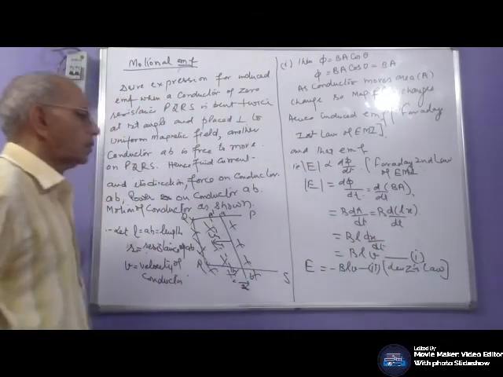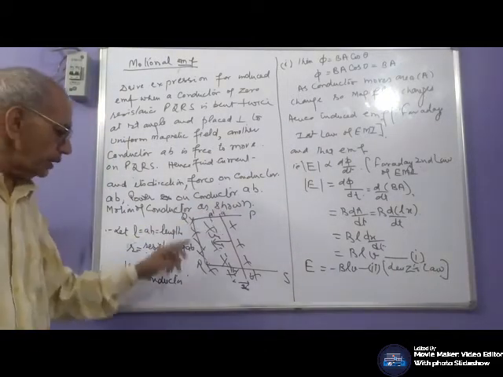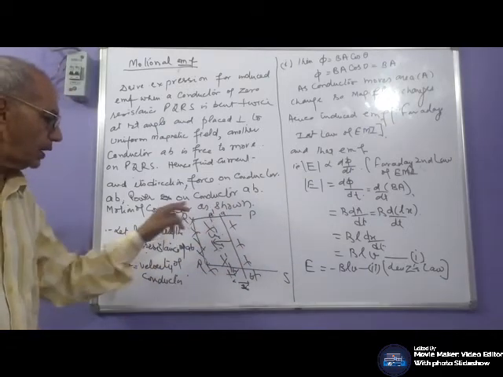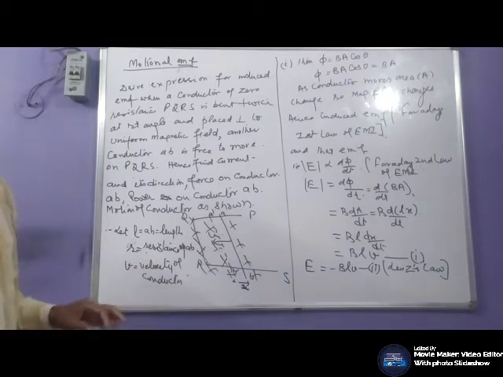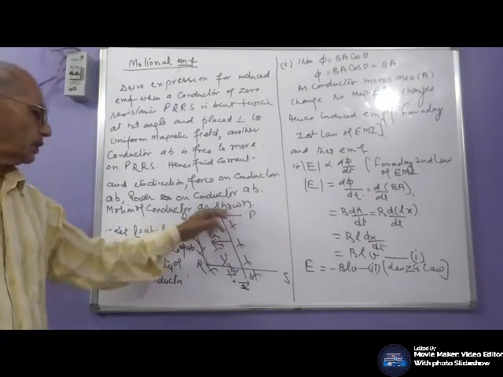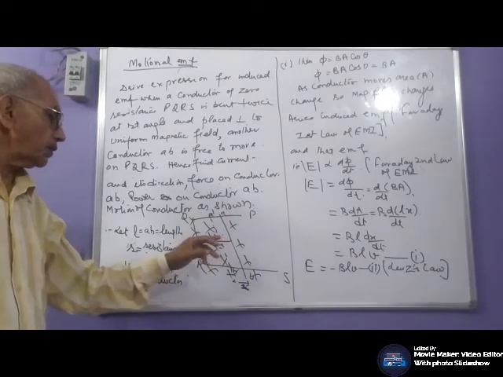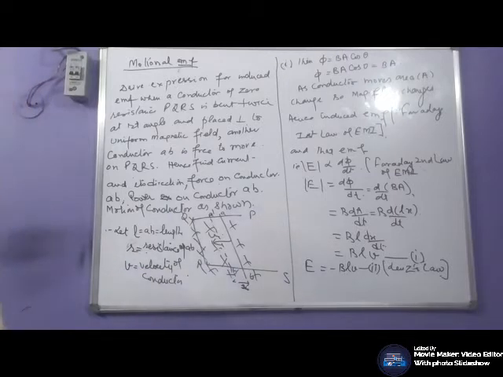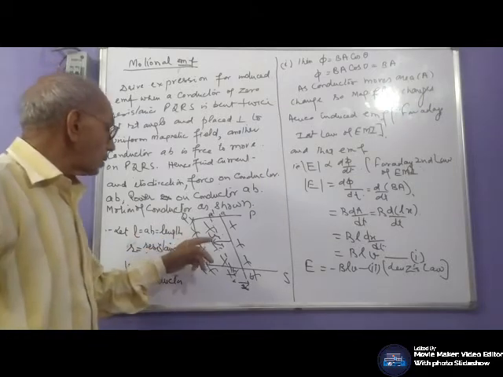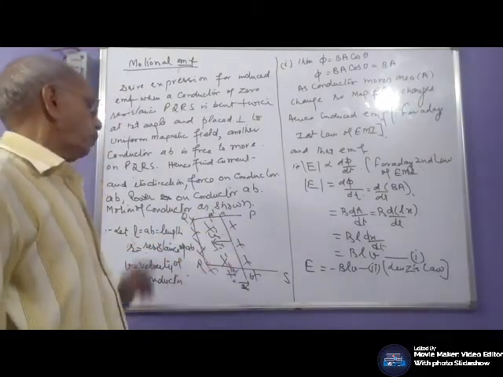Again the question. PQRS, conductor bent twice at right angle. This is another conductor, it is free to move. R is total resistance. If it's 0, then this resistance is small r, say. This conductor is free to move.